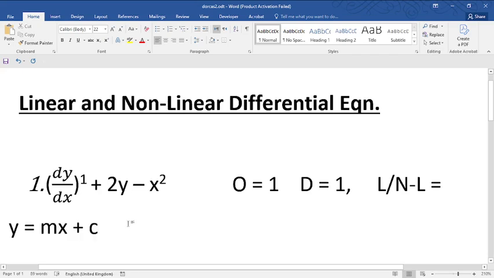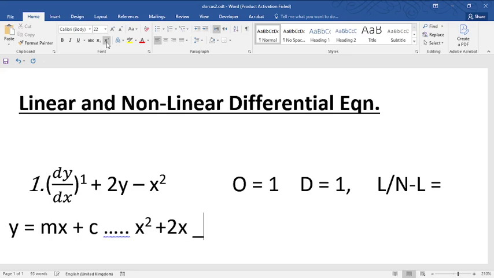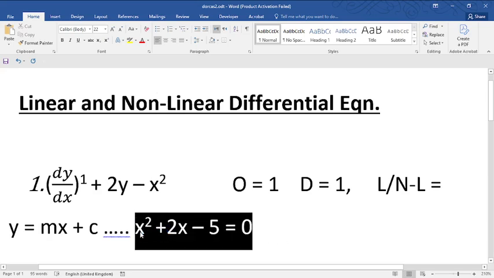Like for instance, you can compare it with this one. If you are having something like x to the power of 2 plus 2x minus 6 equals 0, this kind of equation is what you can refer to as a polynomial equation, because it has the degree of 2.